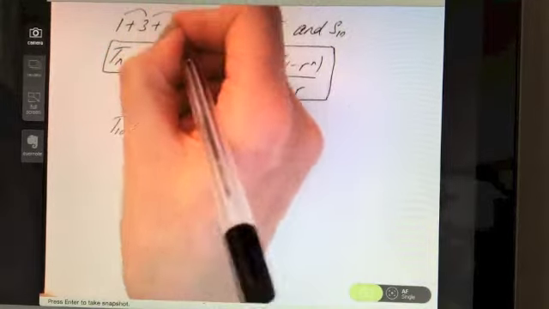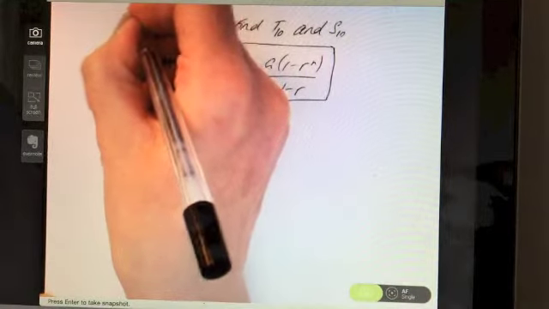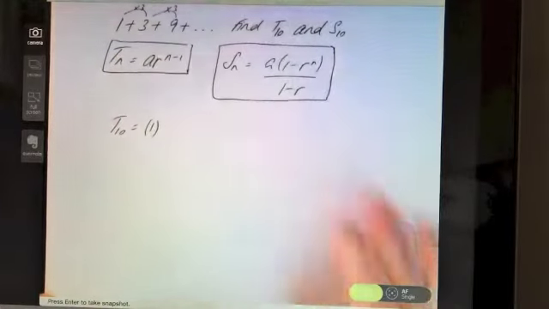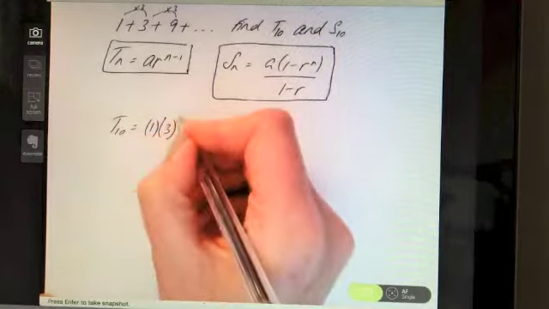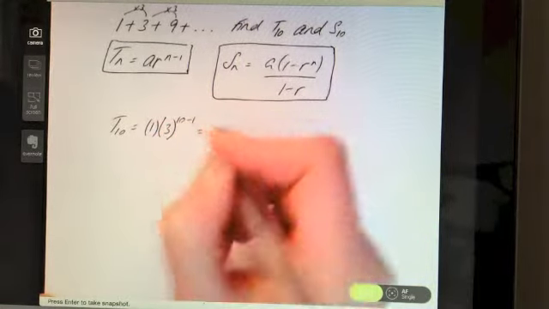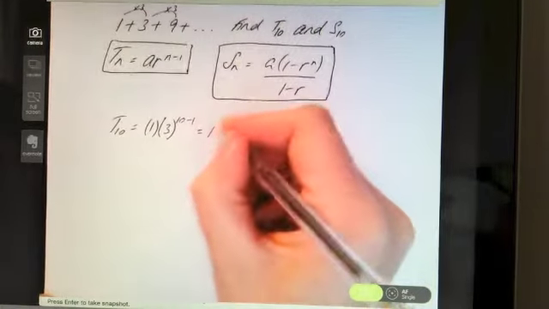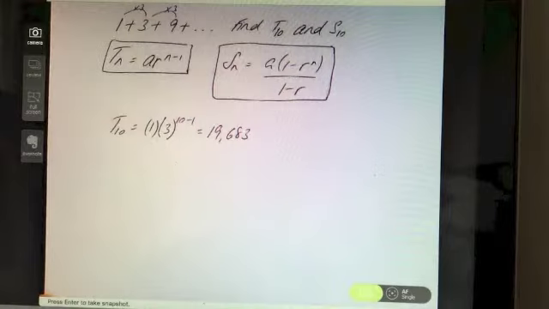By inspection, we realize that we are multiplying by 3 each time, so the common ratio is 3. 10 minus 1 is 9, so 3 to the power of 9 works out to be 19,683, the 10th term.